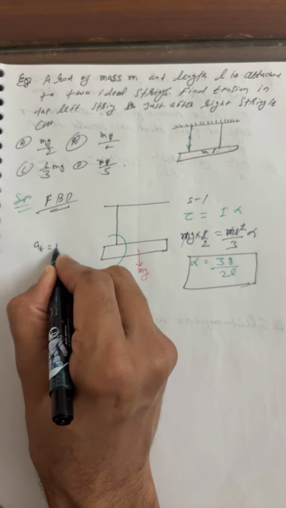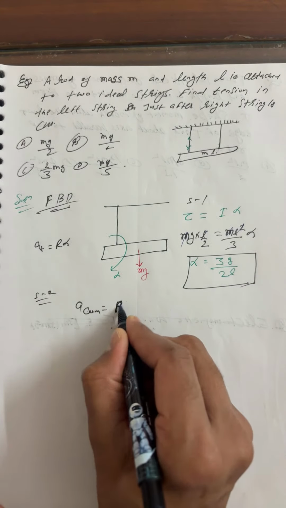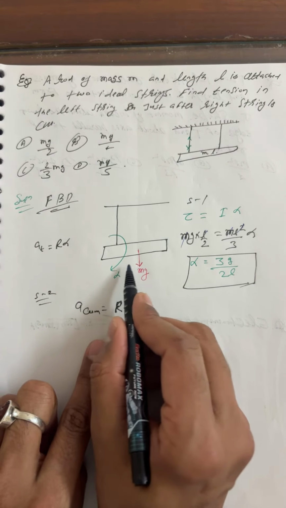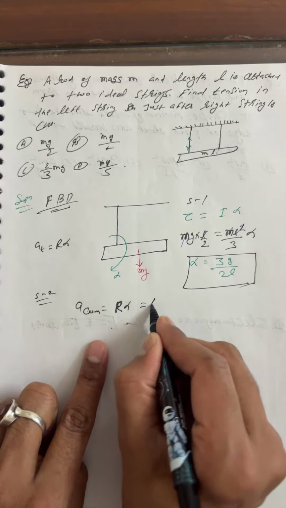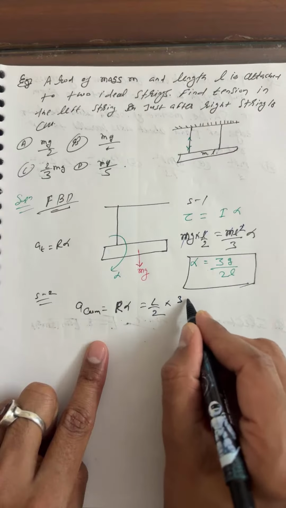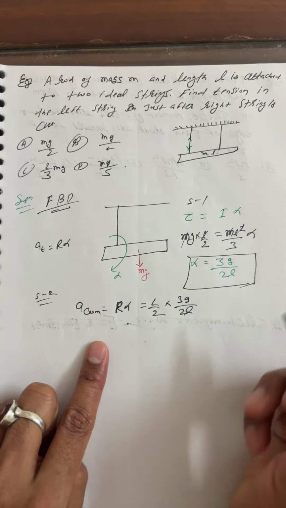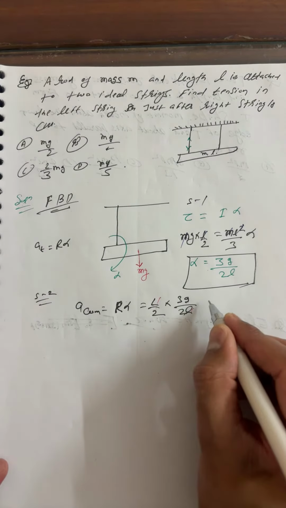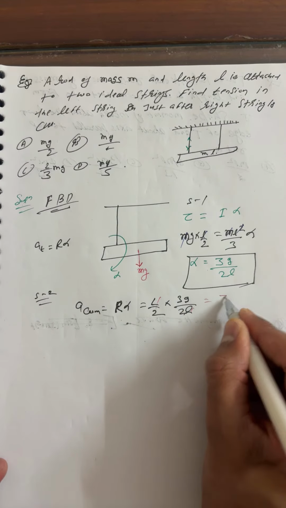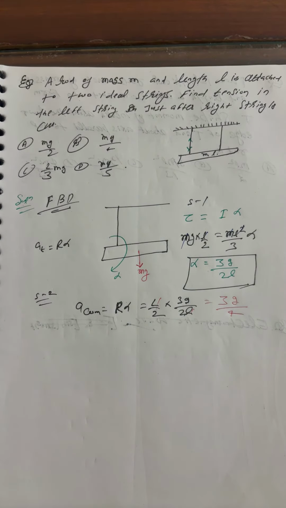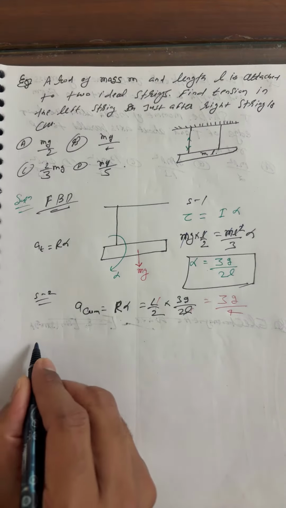R is L by 2, and alpha we already got, 3g by 12. Now this L cancels, so a_CM we will get is 3g by 4.